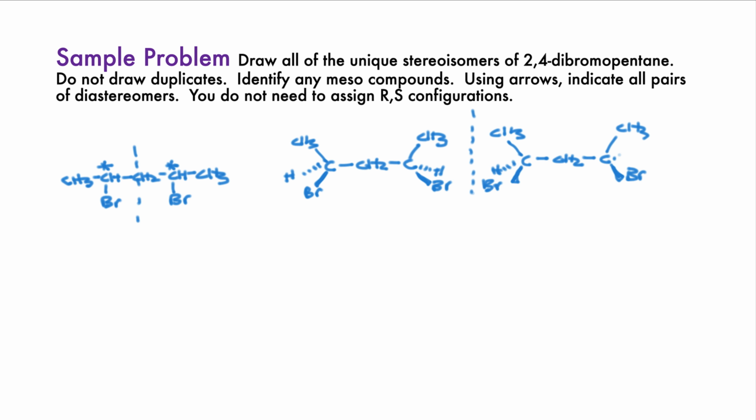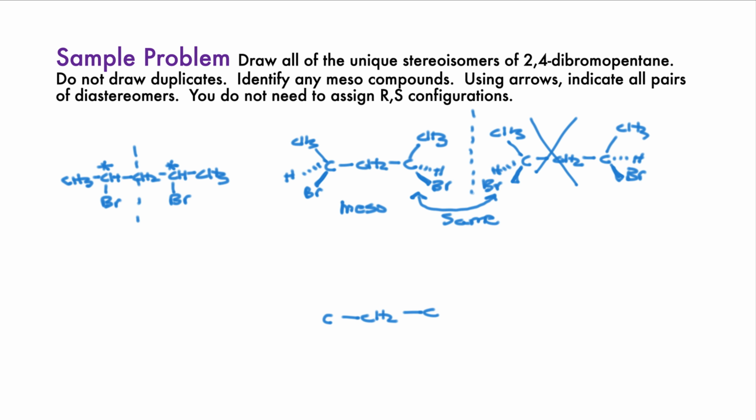Once you finish drawing the mirror image, notice that both of these molecules are exactly the same. They're superimposable on each other. So we'll just cross out the duplicate so there's no confusion. This means that this compound with 2 chirality centers is a meso compound.